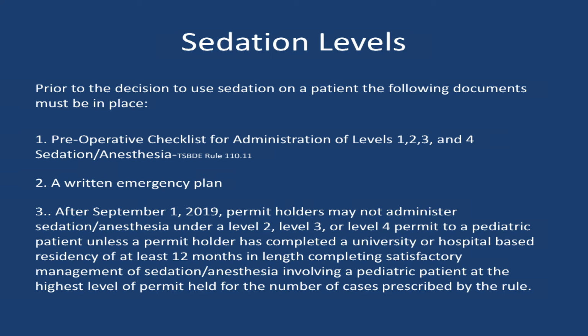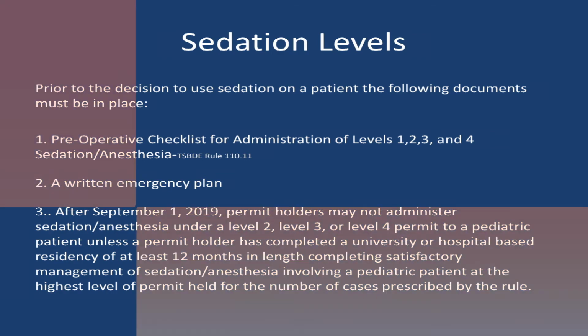After September 1st of 2019, permit holders may not administer sedation or anesthesia under a level 2, level 3, or level 4 permit to a pediatric patient unless a permit holder has completed a university or hospital-based residency of at least 12 months in length, completing satisfactory management of sedation anesthesia involving a pediatric patient at the highest level of permit held for the number of cases prescribed by the rule.